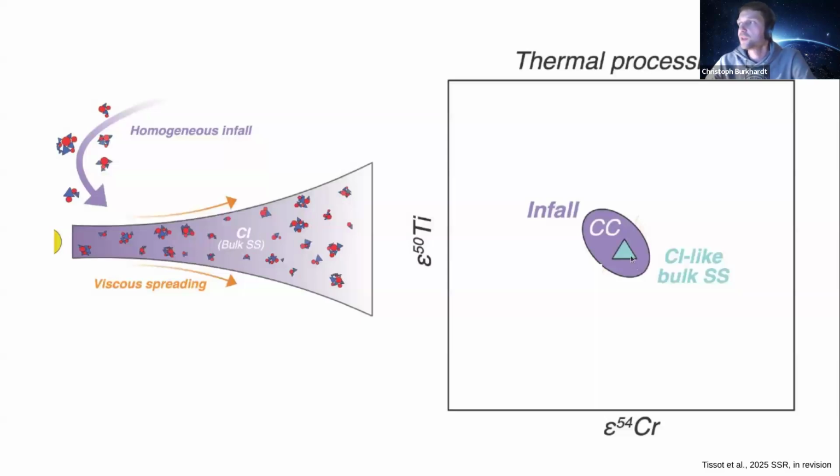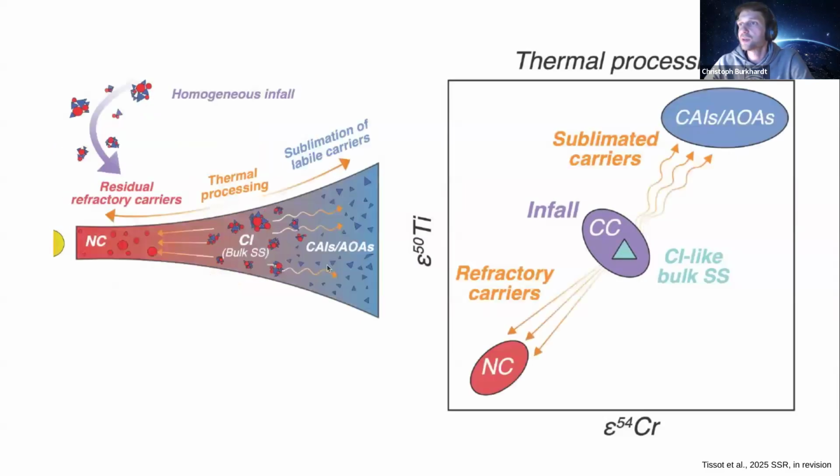Now this material, as we have it in CI chondrites, is processed in the disk along gradients because there's a temperature gradient, and then refractory carriers will be enriched in the inner solar system, while less refractory materials will be evaporated. Out of these evaporated, isotopically anomalous materials, at one point CAIs and AOAs will condense, and they then need to be somehow transported outside again to make it into the carbonaceous chondrites.